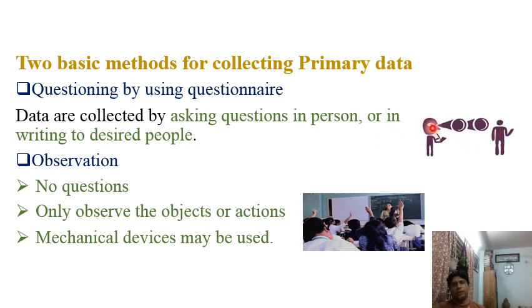This is the researcher or collector of data, and he is the sample. He is observing his activities, his behavior, his actions, objects, and many things. So there is no matter of asking questions. So this is the observation method and this is the questioning method. These are the two methods for collecting primary data.